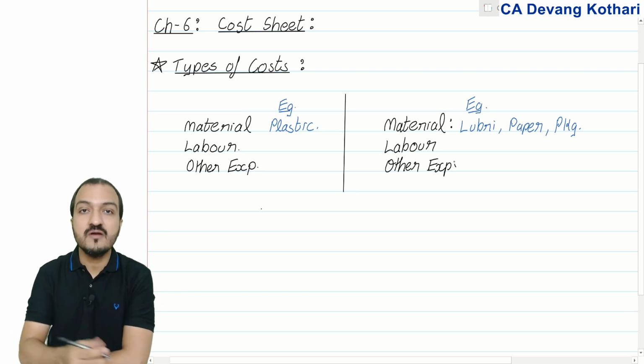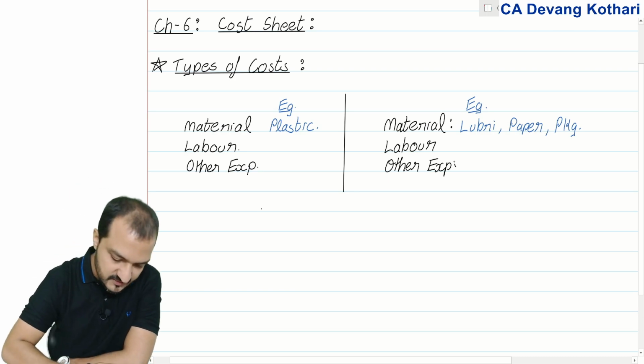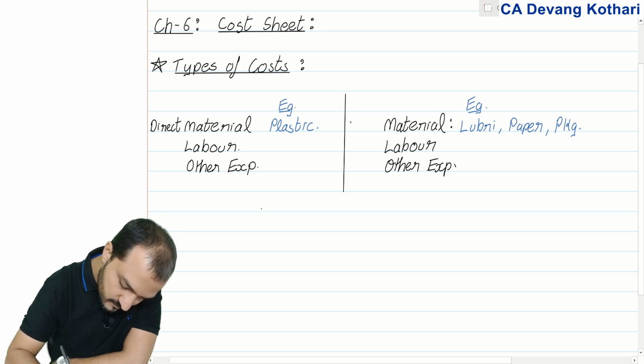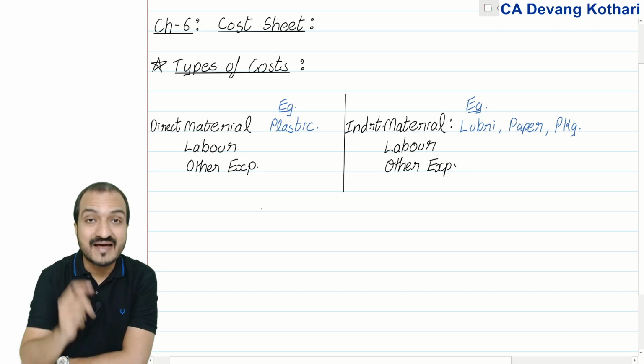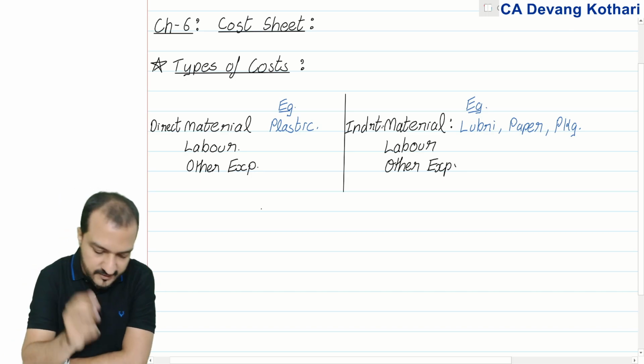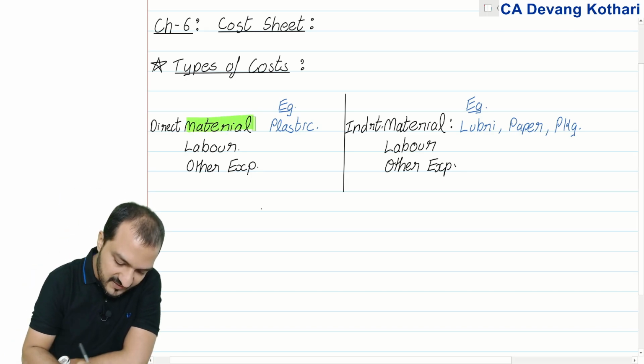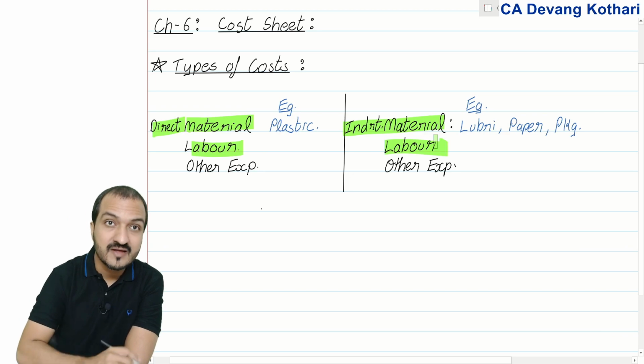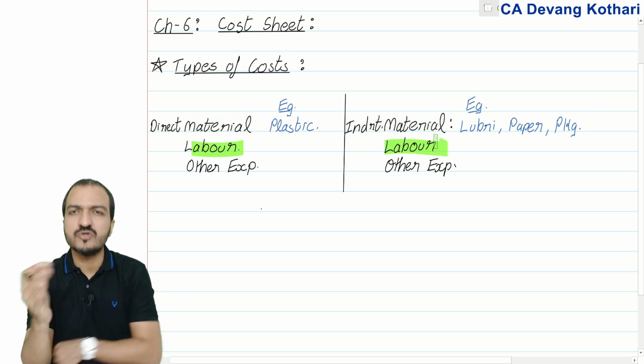But now I further classify all my items of cost as direct versus indirect. Materials could be direct material or indirect material. Same way, labor could be direct labor or indirect labor. Same goes for other expenses.